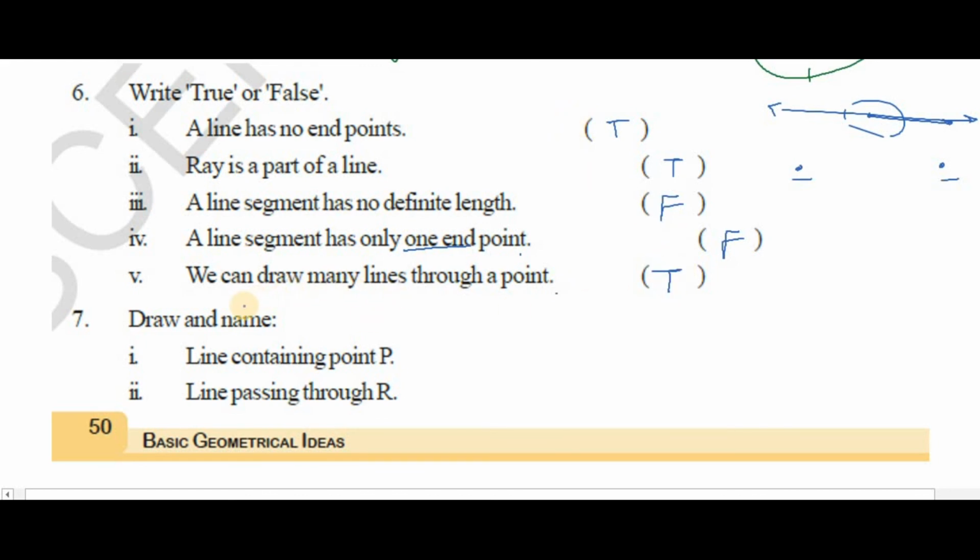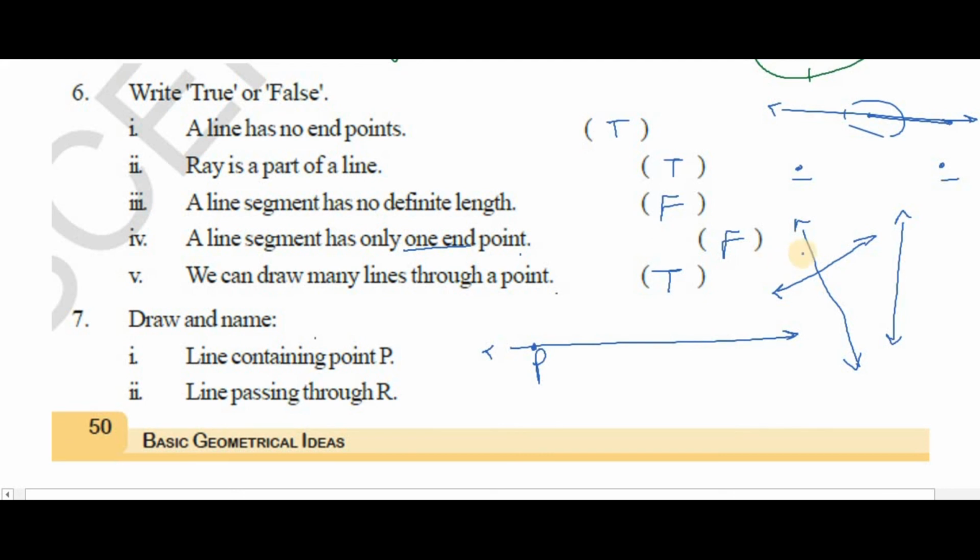Yes. Draw and name. You are going to draw and you should give the name of that also. What is that? Line containing point P. So simple, you should draw a line and mark a point P. See students, not only like this can you draw a line, you can draw even a little bit cross, or you can draw straight, or you can draw from right to left. Anyway you can draw, because he is just asking for a line and I just want to draw like this, so I drew.